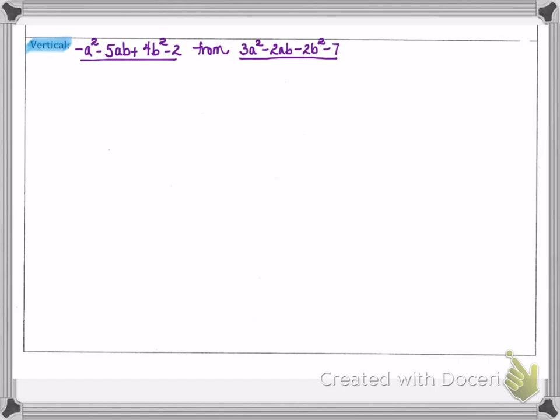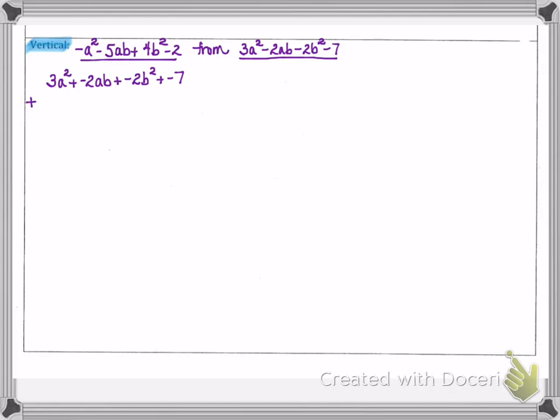So what we want to do is rewrite the second polynomial, because we are subtracting that first, plus -2ab plus -2b squared plus -7. So I rewrote my subtraction, and then I'm going to change it to adding, and I am skipping back to this step on the prior slide where we rewrote the subtraction for the second one.